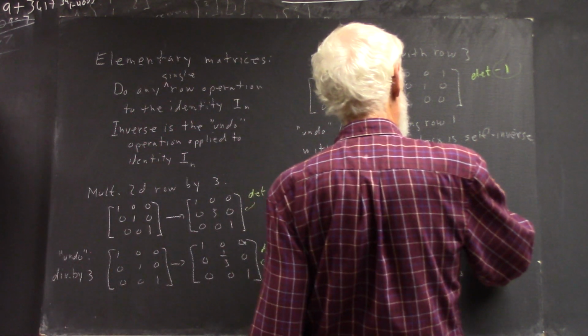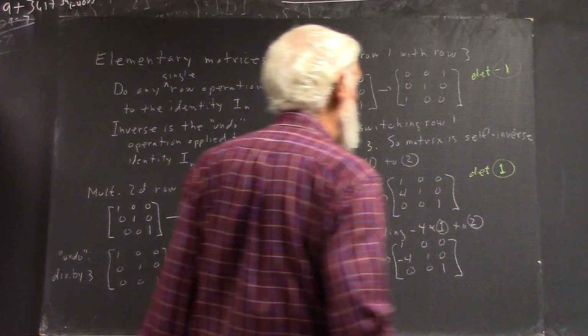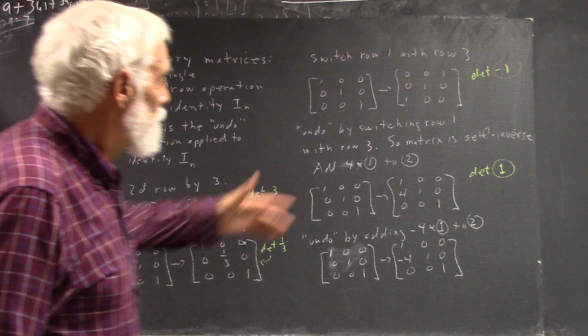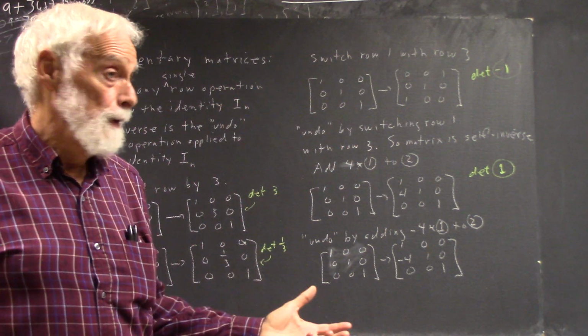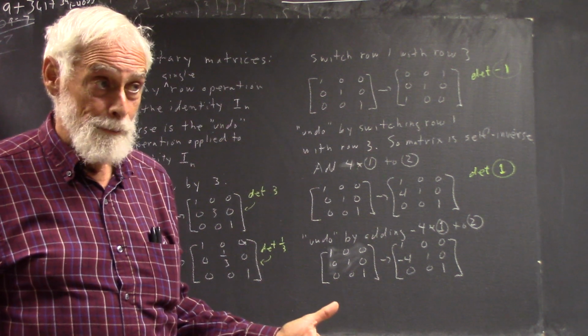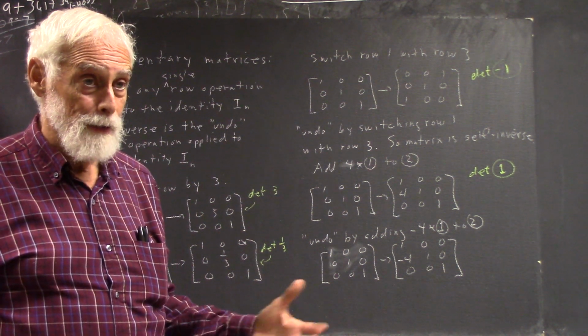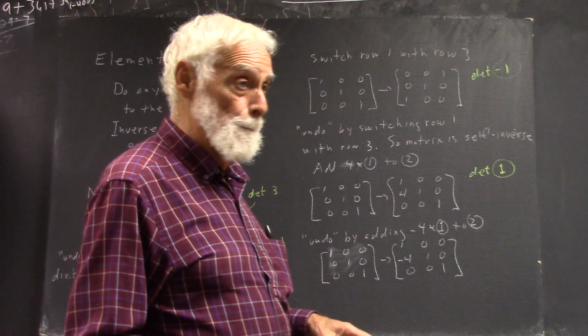So the determinant is always 1. Okay? So adding a multiple of a row to another row doesn't do anything to the determinant. Okay? Now there's a step in doing that, but that's true of any matrix. You'll see in a minute.